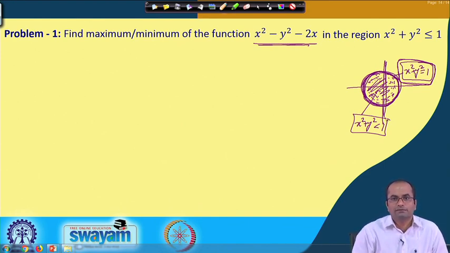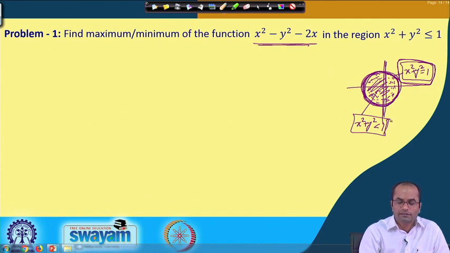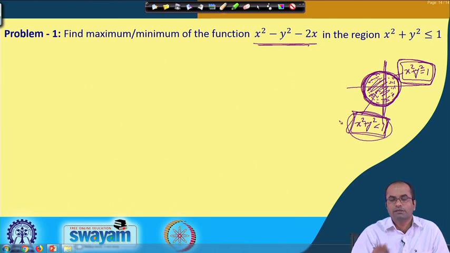and we will apply the idea already discussed in the previous lecture: we will find the critical points directly, and then we will see whether some of the critical points fall in this region. If they do, we will take them for further evaluation of f at those points. If the critical points do not fall in the domain, they are outside the domain, then we can leave them because they are not of our interest.